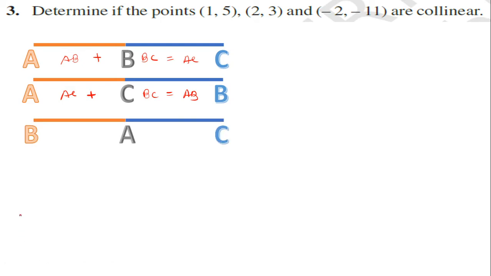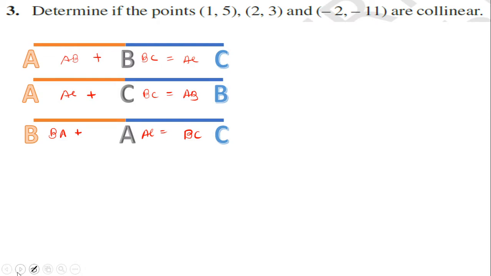Again, it may change. It can be BAC, so I can write BA plus AC is equal to BC. So this is the logic. It's called collinear points, meaning all the points which exist on the same line.